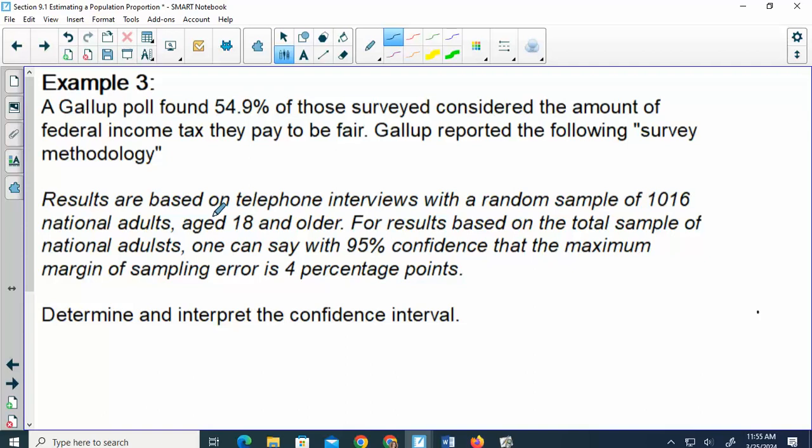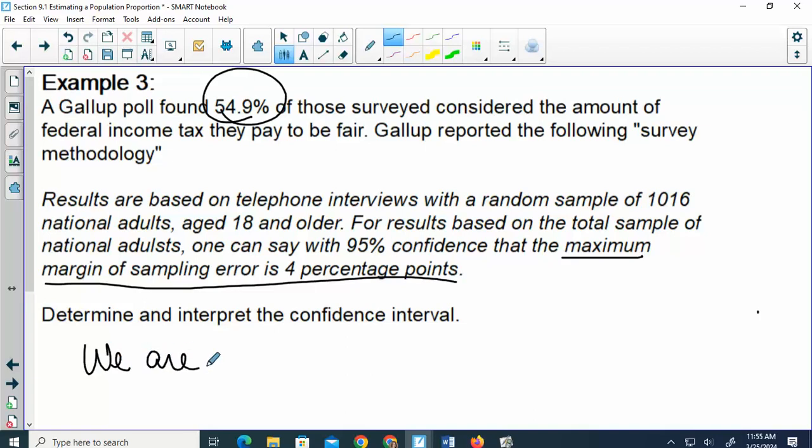Okay, so we're not even really calculating the confidence interval here, we're just writing it. They have already found this initially, and they said that their error is 4%. What confidence level are we using?